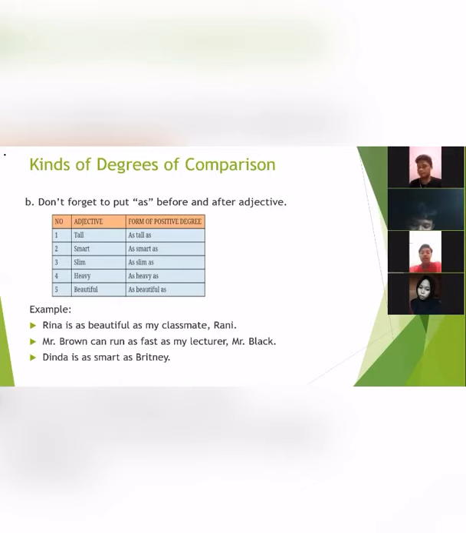B. Don't forget to put as before and after the adjective: as tall as, as smart as, as slim as, as heavy as, as beautiful as. Example: Rina is as beautiful as my classmate Rani. Next.